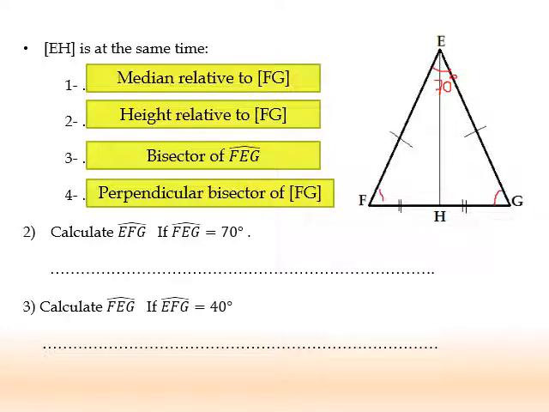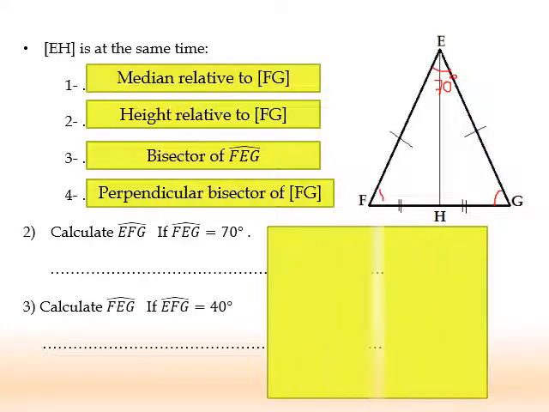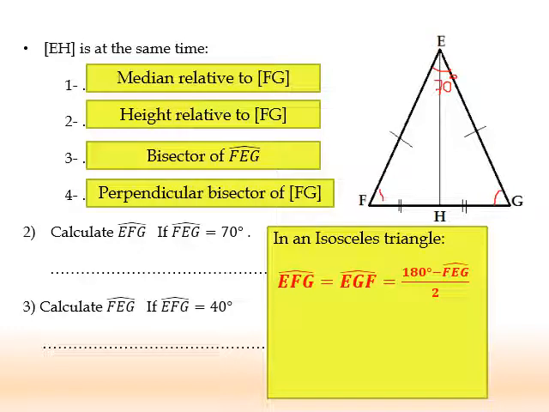So I can say that the sum of these angles is 180 minus 70, which is 110. We say that F plus G, as angles, their sum with FEG equal to 70 degrees is 180. Now, let's take this angle away, so we still have 180 minus 70, which is 110.